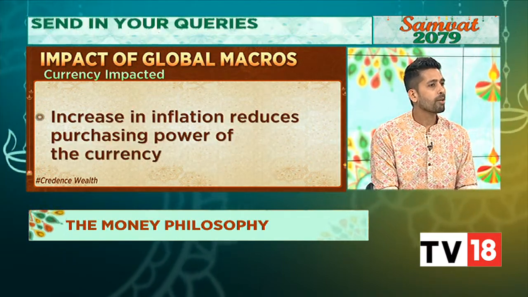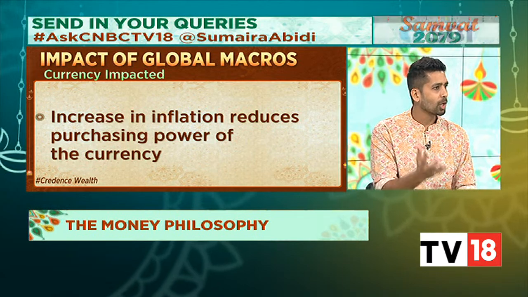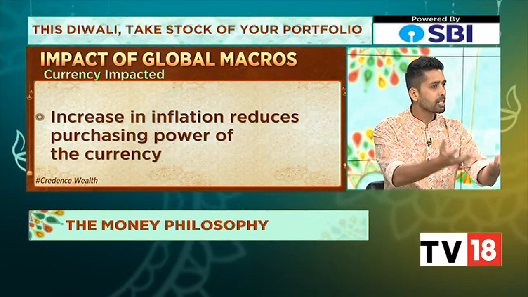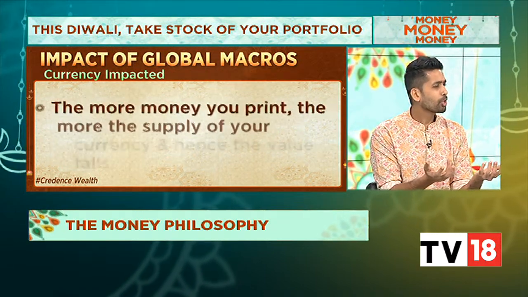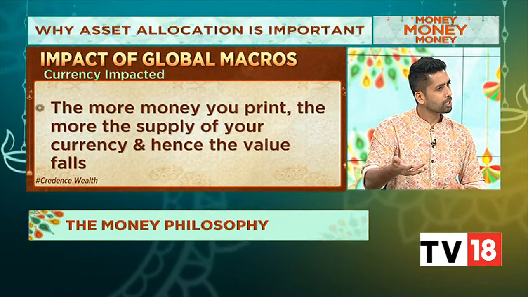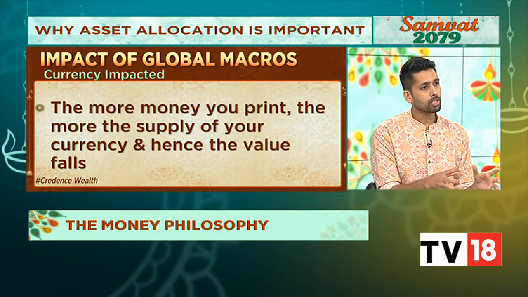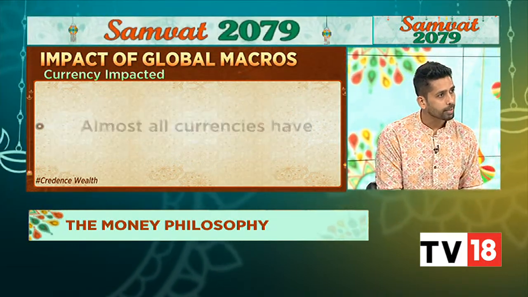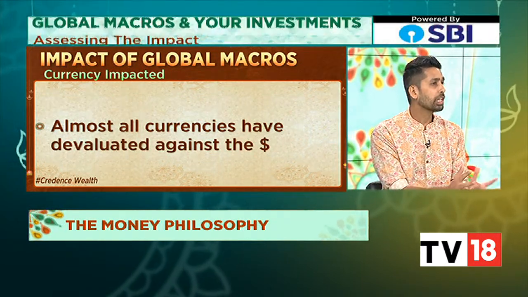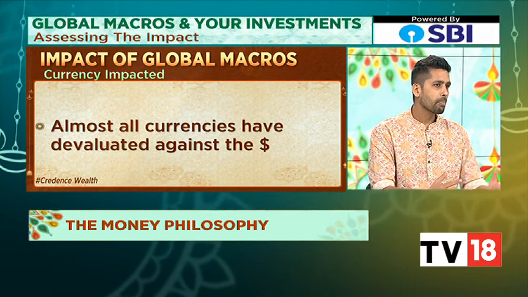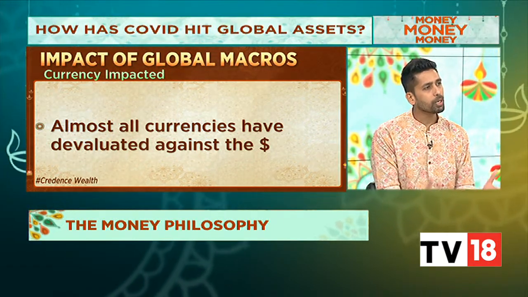Second, also what happens is, Sumaira, when we spoke about central banks infusing a lot of liquidity, right? Now imagine if you just keep your printing press on and keep printing the currency and distribute it to the market, your currency is not going to have the same value because there's too much supply in the market. And this is also what happened because of which currencies depreciated largely globally, right? Of course, India's done a very good job versus global because our macros have been far superior.